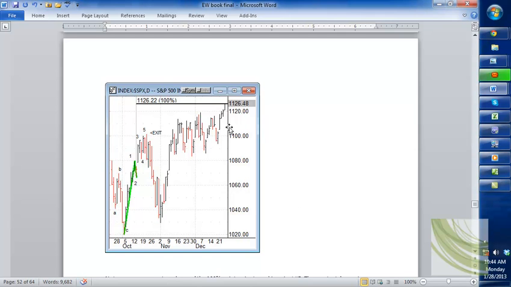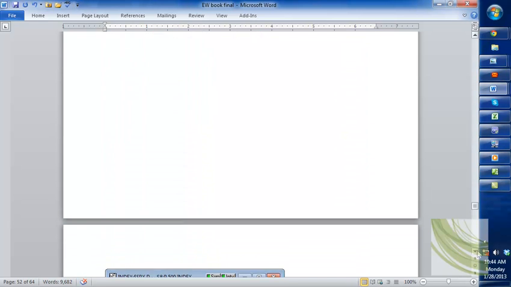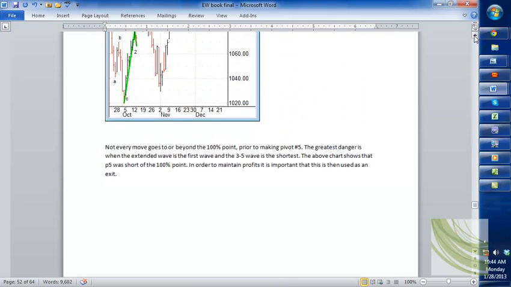Okay, and here's an example of the 100% point. Now this is actually a nice example here. The 1, 2, 3, 4, 5.